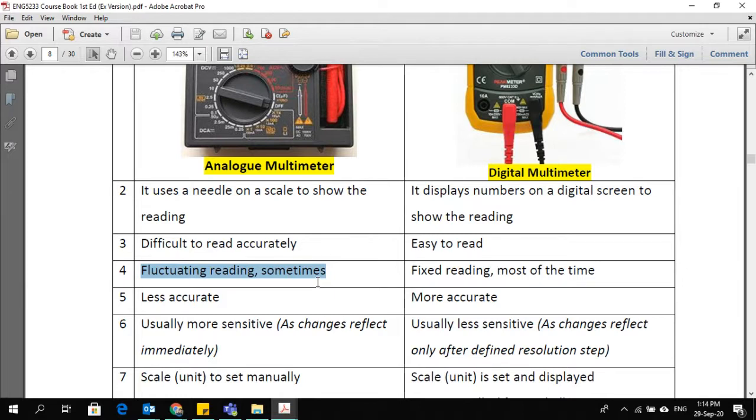So sometimes you have difficulty reading the accurate reading from there. But in digital, this is not a problem. You can see the fixed reading most of the time. Analog can be less accurate, but digital is more accurate because you see a fixed reading. On analog, human error can occur quite frequently if you are not reading the scale correctly and accurately.